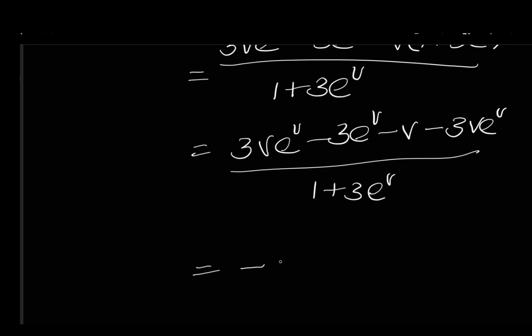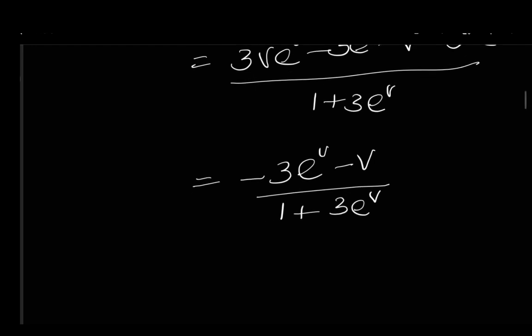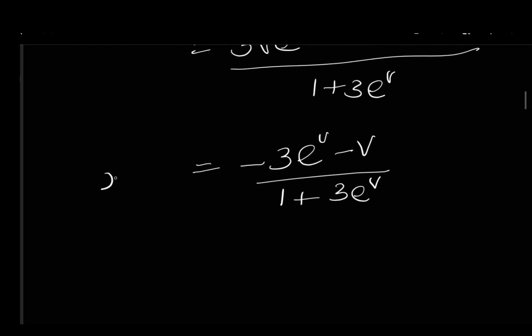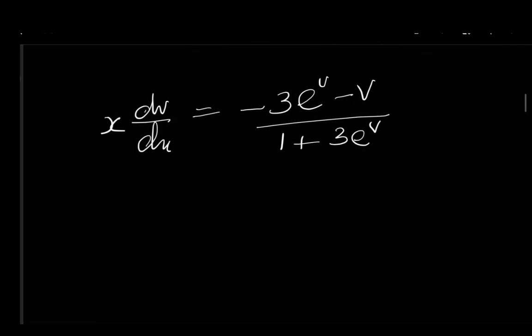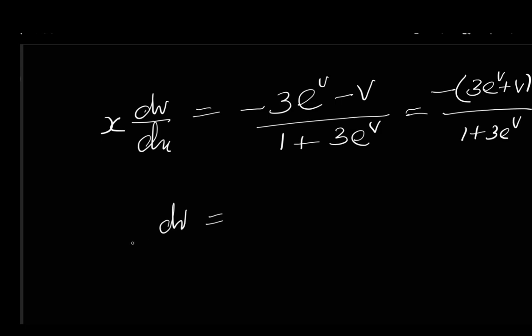The remaining term is minus 3e^v minus v divided by 1 + 3e^v. So on the left side you get x dv/dx. Collect the similar terms on one side. Before that let me take minus outside: (3e^v + v)/(1 + 3e^v), so here you will get dv.